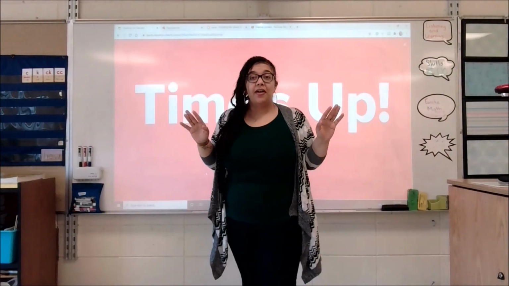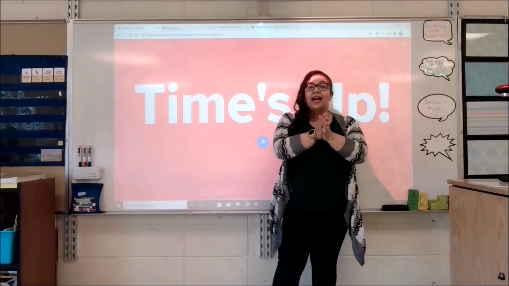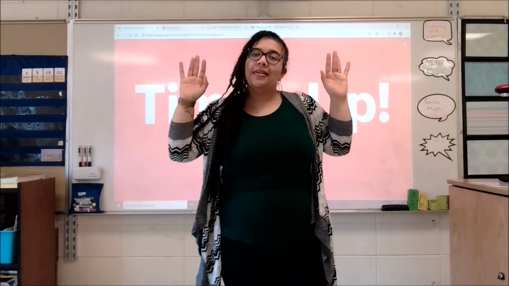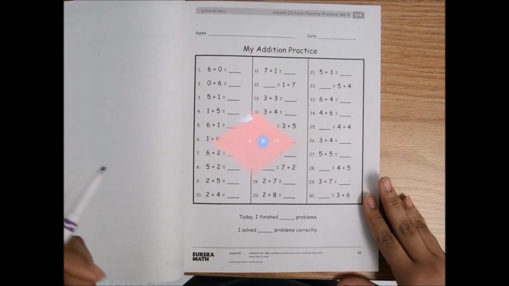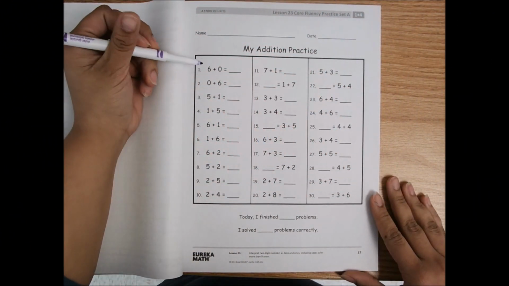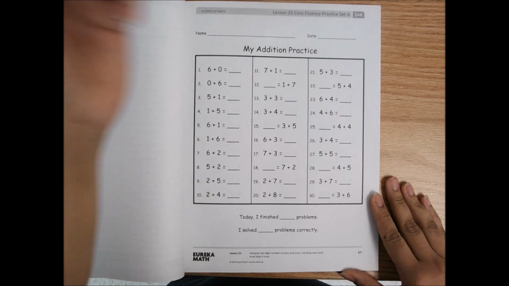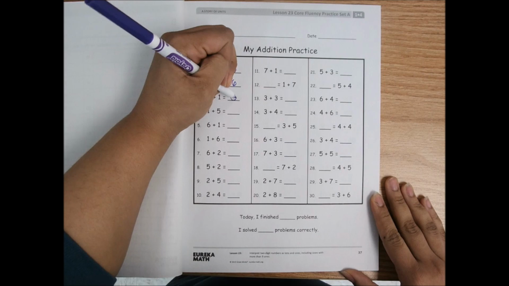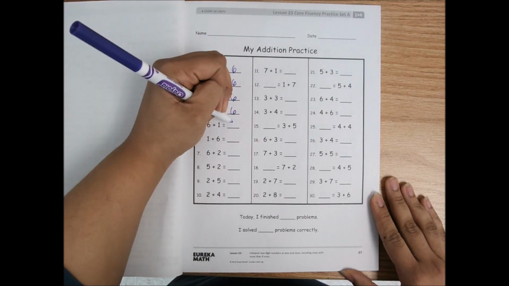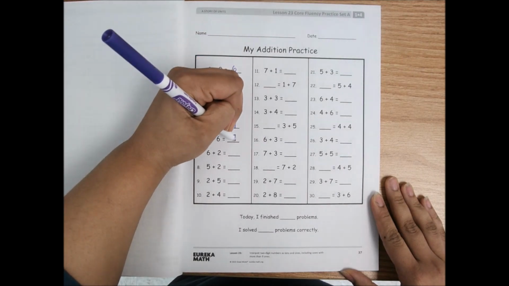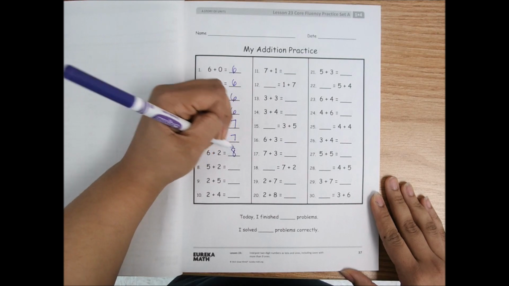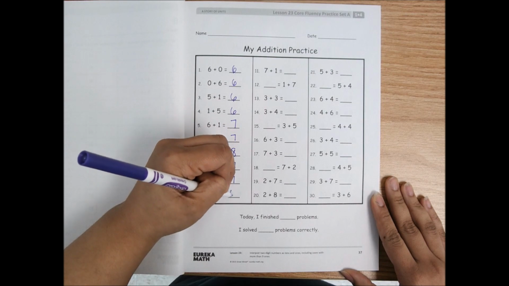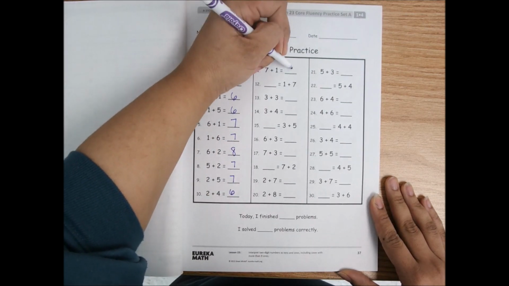All right, so we all heard that bell. It is time for us to go ahead and check our work. Starting at the top, working our way down. 6, 6, 6, 6, 7, 7, 8, 7, 7, 6, 8.